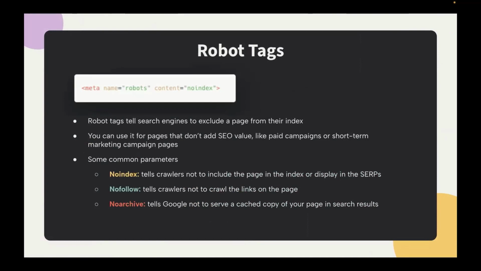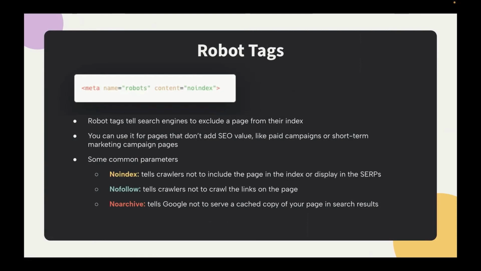The last one is the robot tag. This tag really is meant to tell the search engine what pages to exclude, so what pages you don't want it to crawl and to index. This is really helpful for things like paid campaigns or short-term marketing campaigns where it's going to get a lot of traffic, but it's probably not going to be there in a couple of weeks or a couple of months.